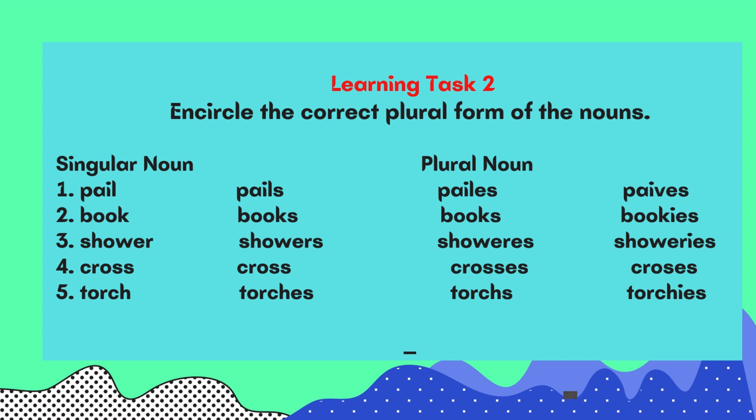So number 1 is pail. Number 2 is book. Number 3 is shower. Number 4 is cross. And number 5 is torch. Do this in your answer sheet. Okay, do it now, children.